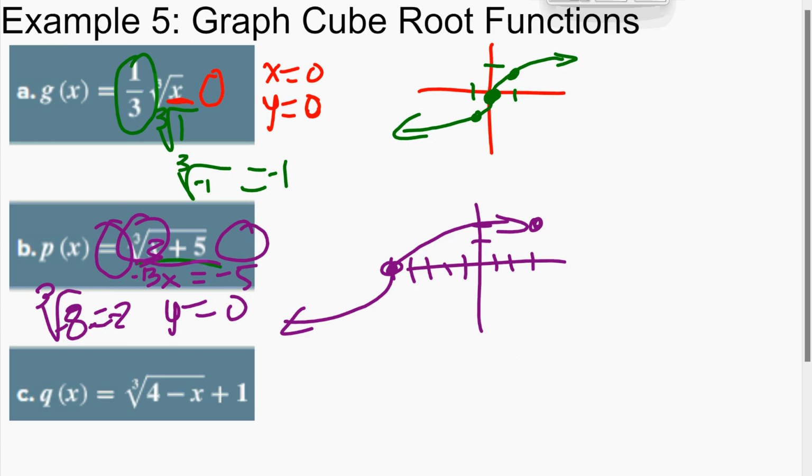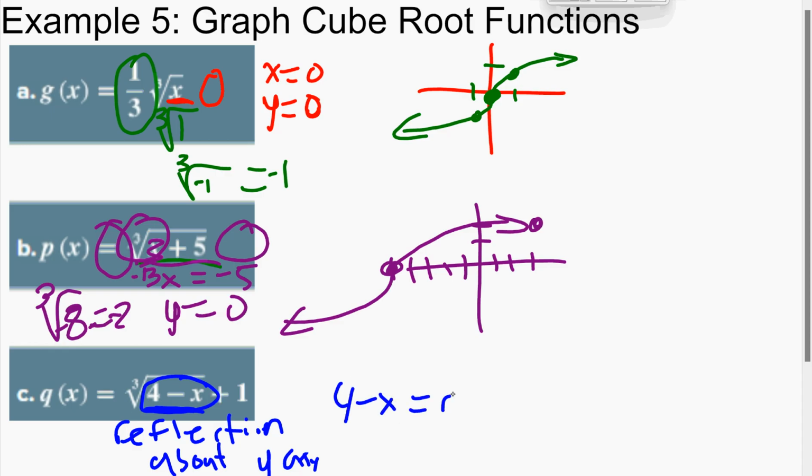All right, last one down here. Now this one's a little bit backwards. Notice we have a -x in there. That's going to be a reflection about the y-axis. So it's going to flip these graphs about the y-axis instead of the x-axis when we have a negative in front of here. Okay. So again, we set what's inside the root equal to 0.